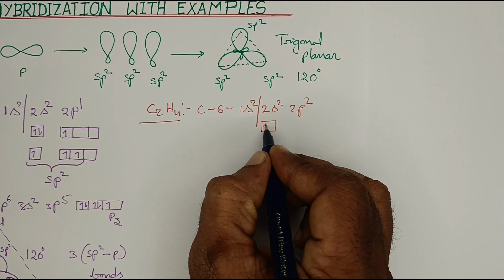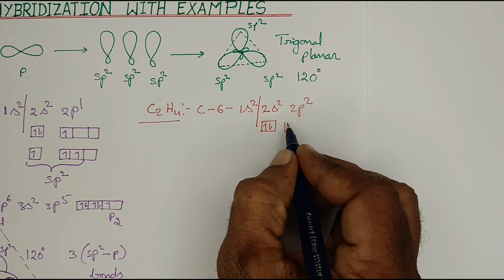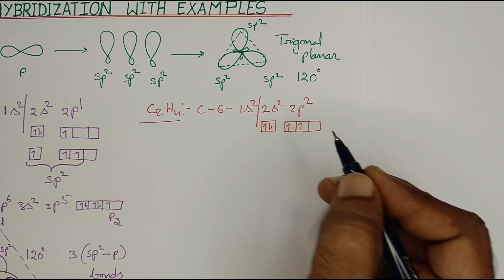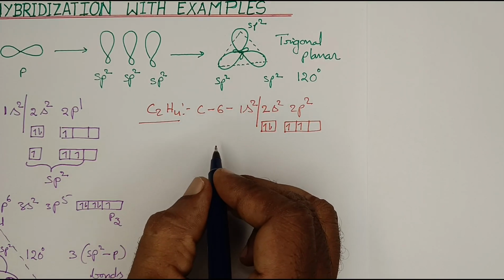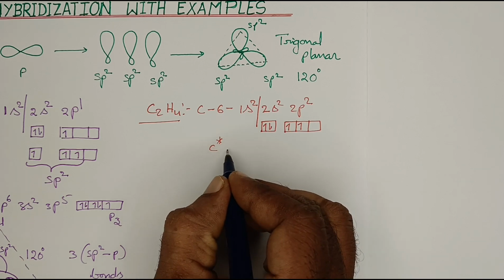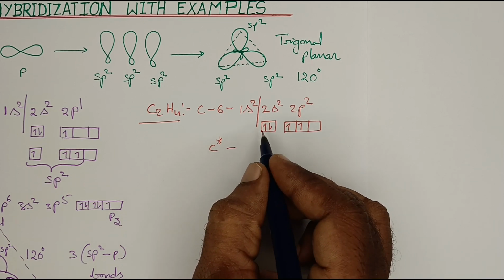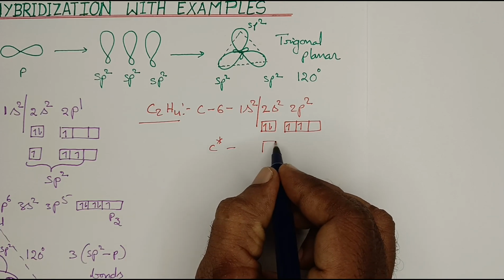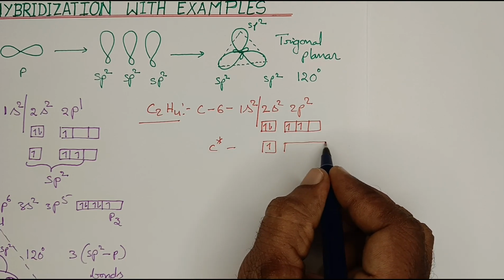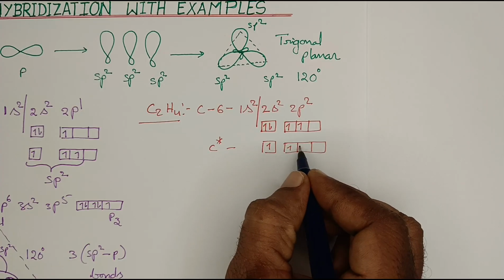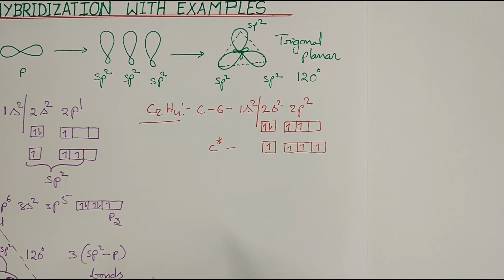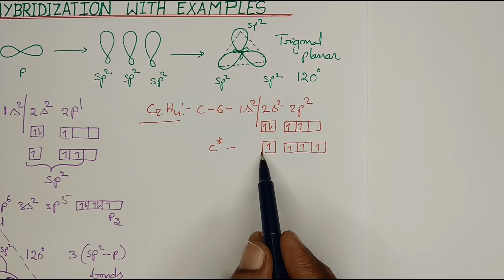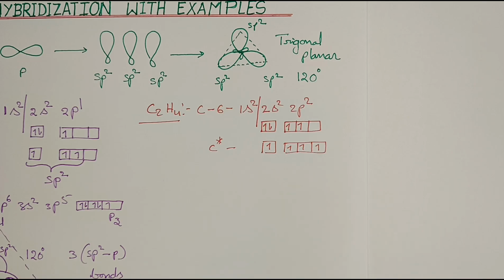In the second level, s orbital contains 2 electrons, and p orbital contains 2 electrons. After excitation, an s electron jumps from s orbital to p orbital. So s1 and p3. So carbon contains 4 unpaired electrons, 1 in s orbital and 3 in p orbitals.